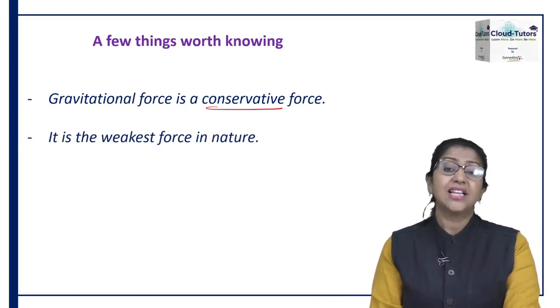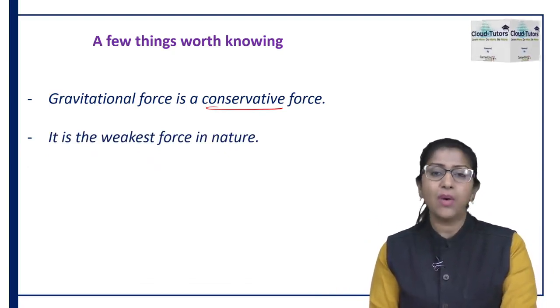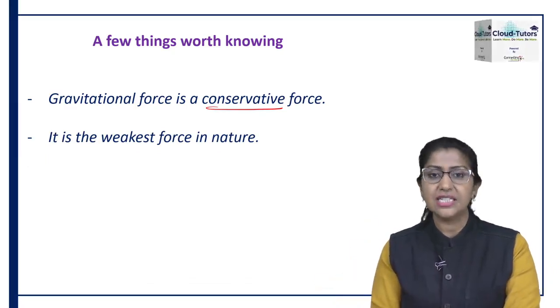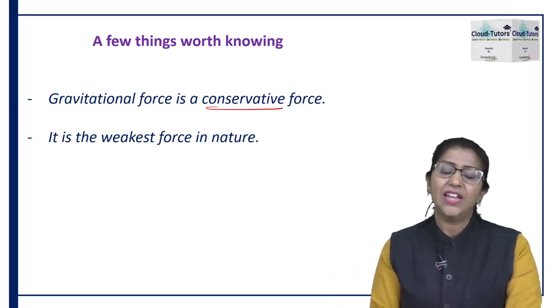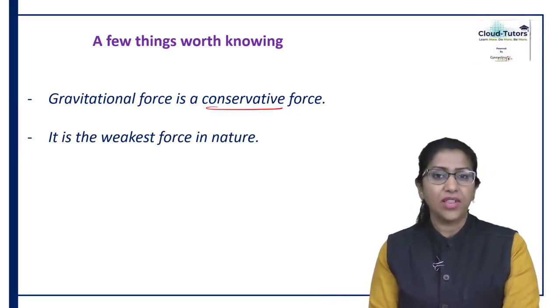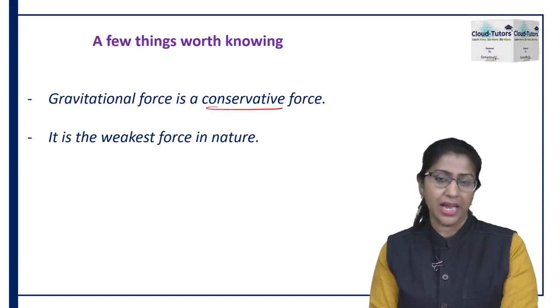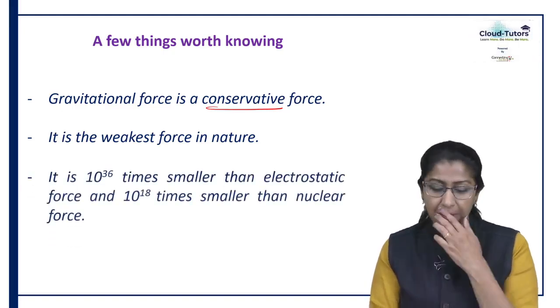Now, it is the weakest of the four natural forces in our universe. Even though it is the weakest among all four, it is the reason why the universe exists the way it does.